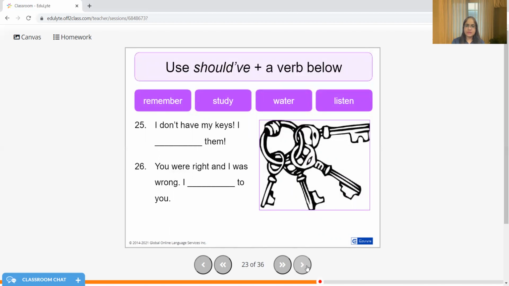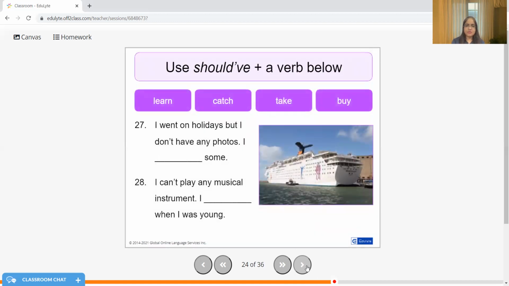I don't have my keys. I should have taken them with me. You were right and I was wrong. I should have listened to you. I went on holidays, but I don't have any photos. I should have taken some, maybe.